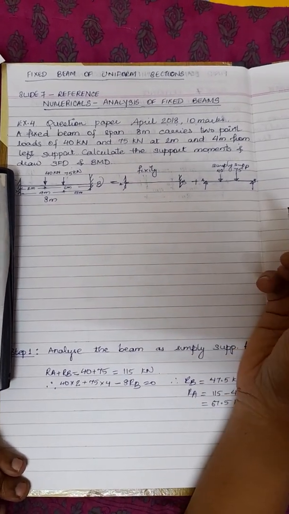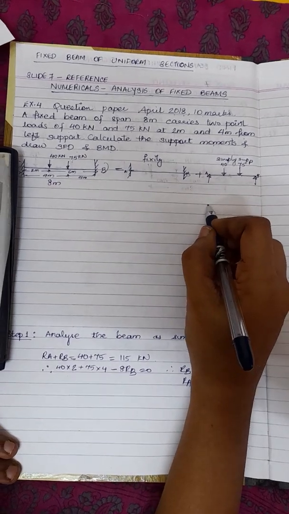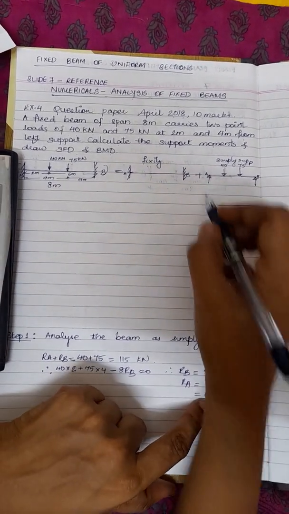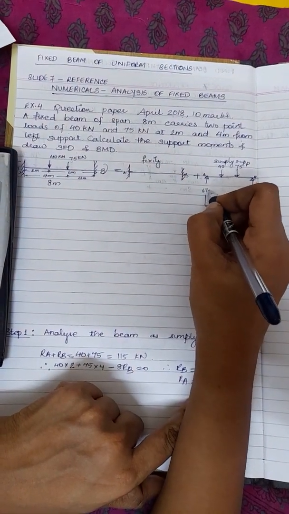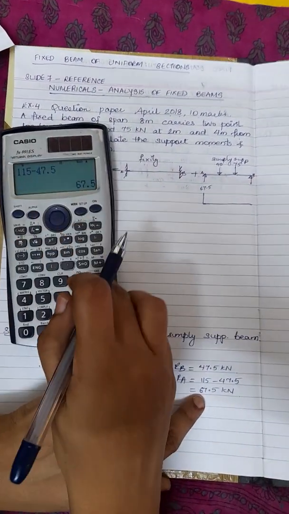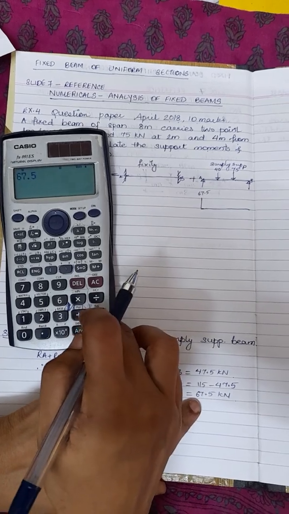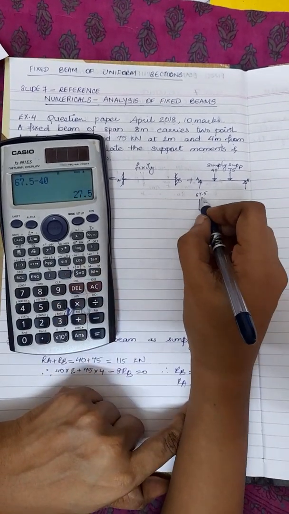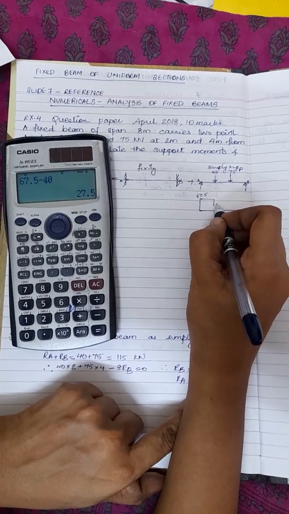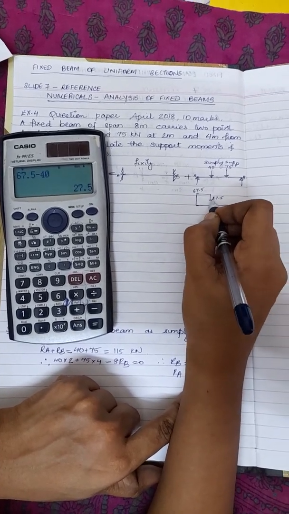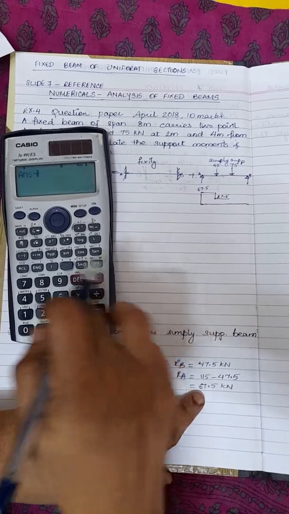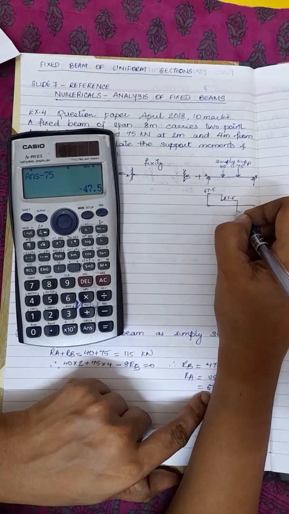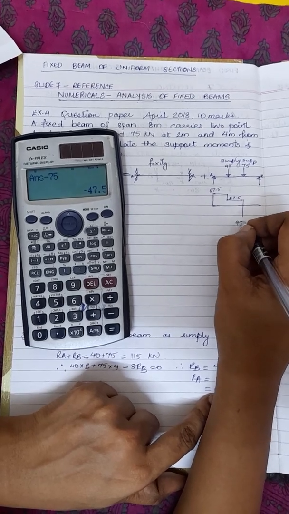Okay, now if I want to draw shear force diagram for this, 67.5 upward, 67.5 minus 40. Okay, this is constant, and then we come here 27.5, then again it goes constant, minus 75 to this is 47.5.